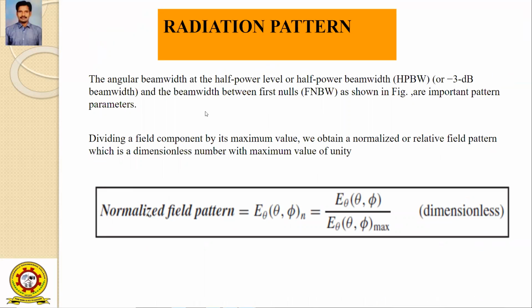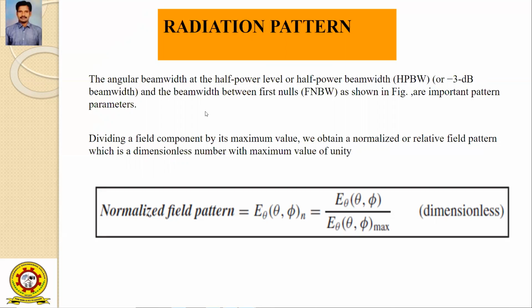So in radiation pattern, we have the facility to evaluate the angular width, that is called half power level or half power beam width, which is 3 dB fallen from the maximum value, and another beam width, FNBW, where the beam width reaches the first null.